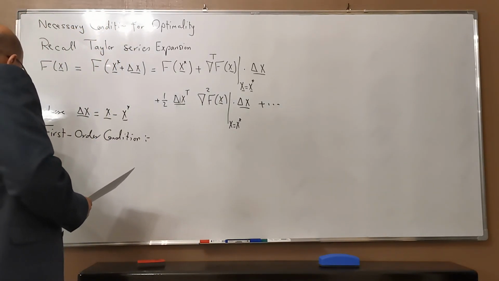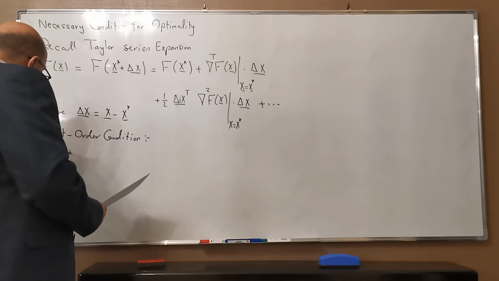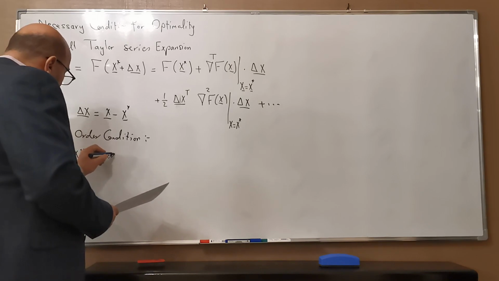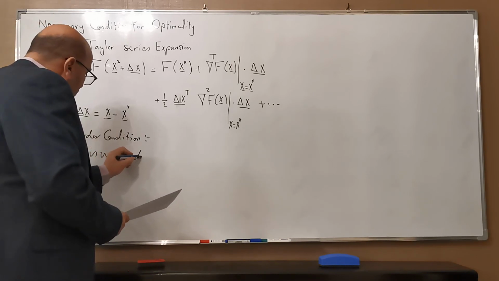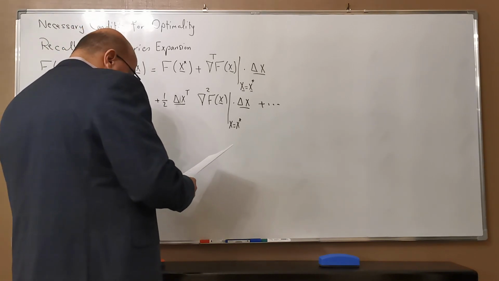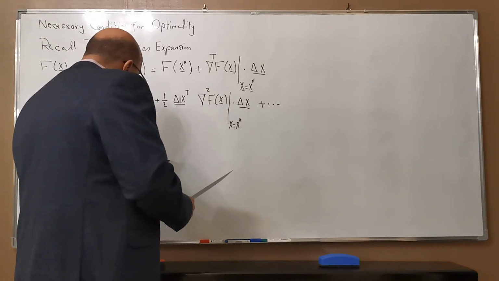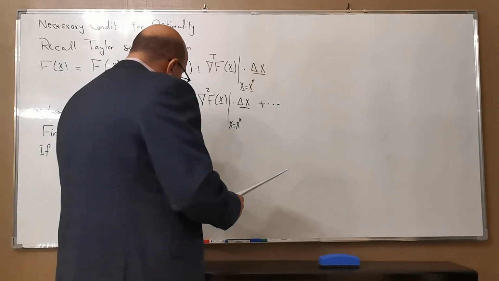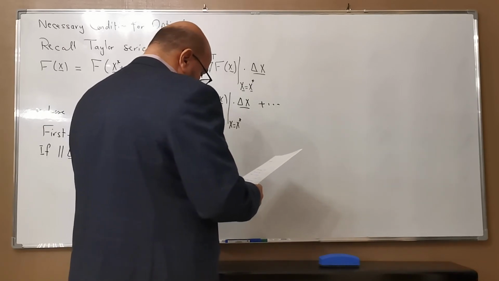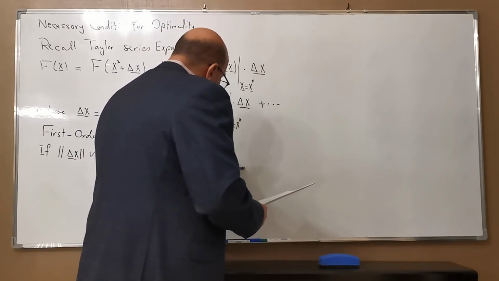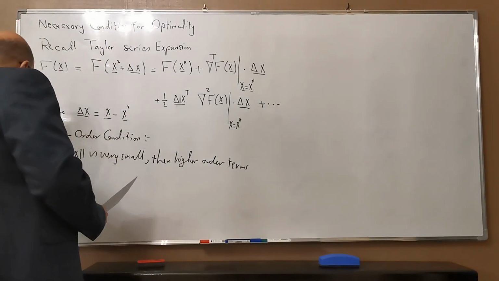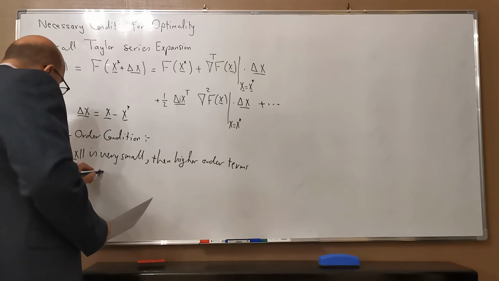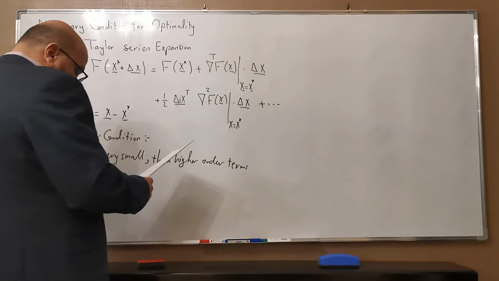Okay, if the norm of delta x is very small, this means that higher order terms of the Taylor series will be negligible.